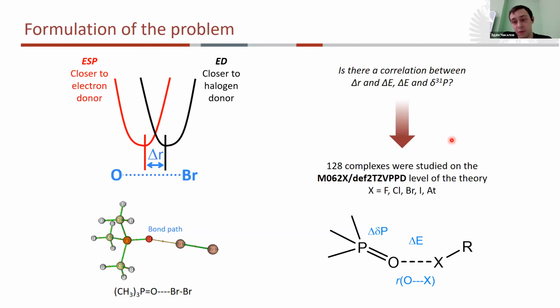In order to achieve this aim, we have considered by quantum chemical calculations 128 complexes formed by the same electron donor, trimethylphosphine oxide, and various halogen donors. For each complex, we have calculated, in particular, the complexation energy, delta E, the distance between the ED and ESP minima, delta R, and the change of the isotropic value of the phosphorus-31 nuclear shift upon complexation, delta P.